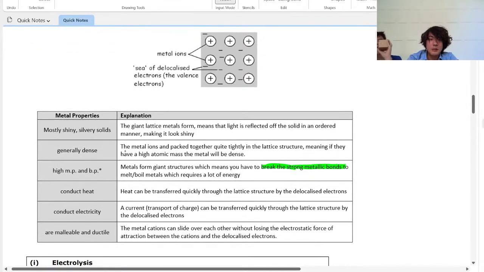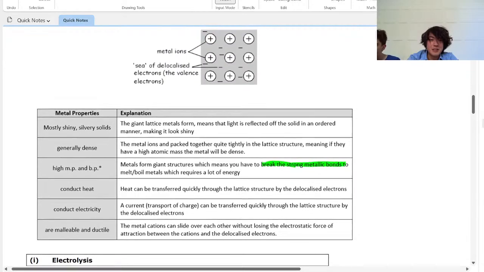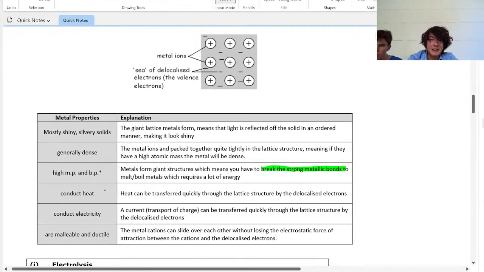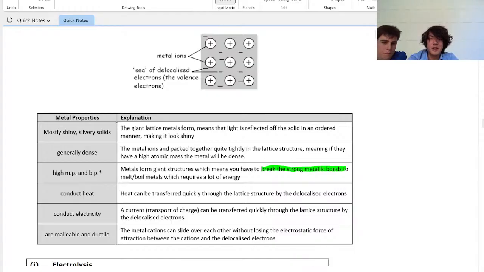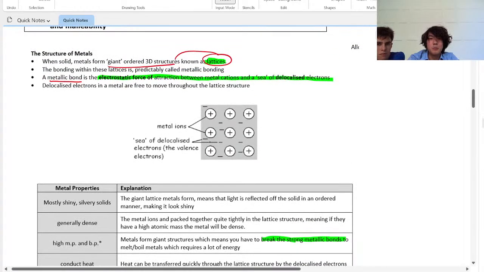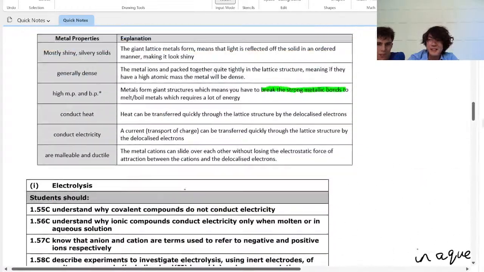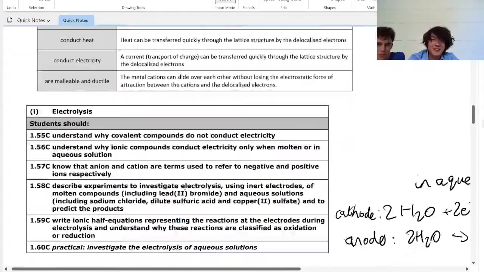For these, you don't really need to know them in that much detail. Just know the bonding, and then if they ask you to explain why that happens, just use the model of bonding in the diagram. Just say electrostatic attraction because it's always the right thing to say.